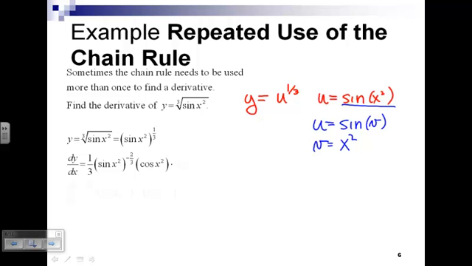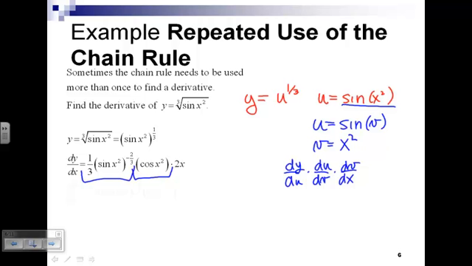So what we really have in this one is a double chain. It's dy/du times du/dv times dv/dx. Here is dy/du, here is du/dv, and there is dv/dx, 2x.